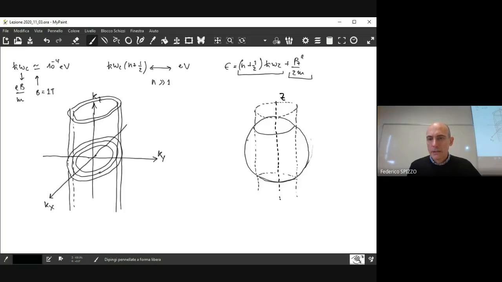And you may do the same evaluation for all the other cylinders. So if B is fixed, ħω_c is fixed because ω_c depends only on B. So at this point, you may access all the cylinders just by using the index n. So you have this family of cylinders, and the energy spacing between one cylinder and the next is equal to ħω_c.